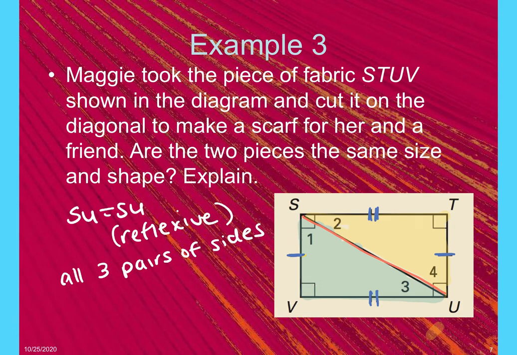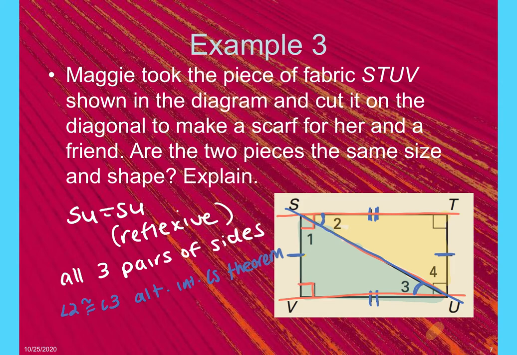But because these are perpendicular to the same transversal, I know these are parallel lines. And if I use this as the transversal, then I know angle 2 is congruent to angle 3, because of the alternate interior angles theorem.